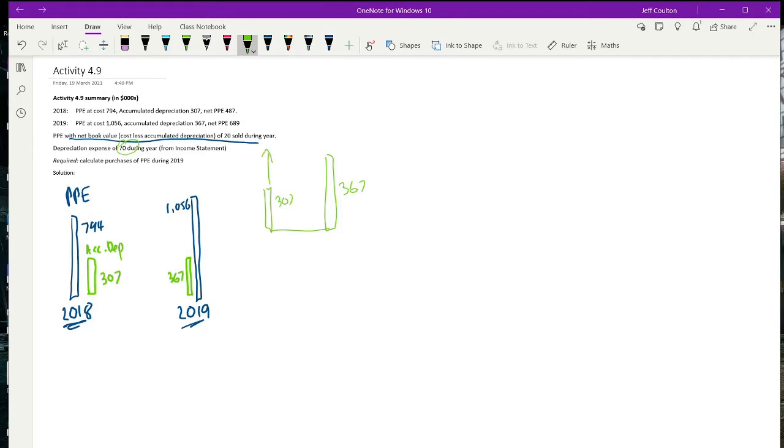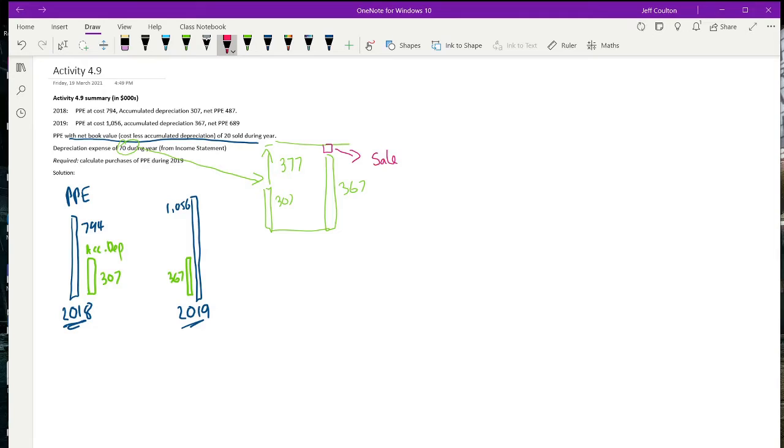So the depreciation of 70 during the year would have taken accumulated depreciation to 377. Now, we know that it ended up at 367. So the difference between the 377 and the 367 is the accumulated depreciation that was relevant to the sale.